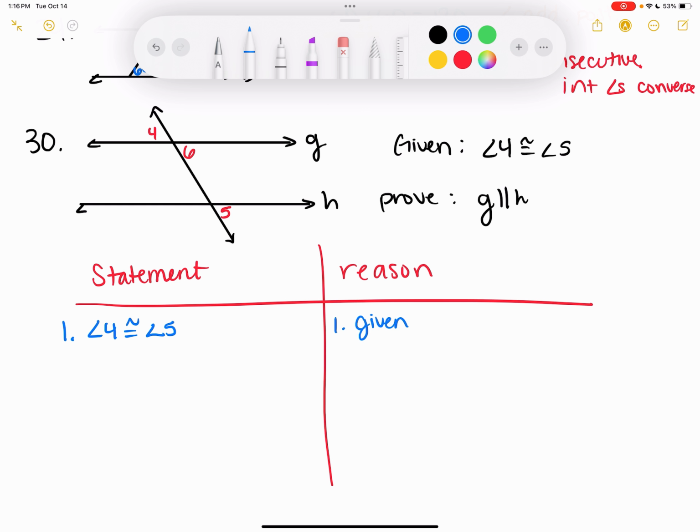Yeah. Technically speaking, yes, we could say angle 5 and angle 6 are congruent. That would also be fine. I was leaning towards going angle 4 is congruent to angle 6.